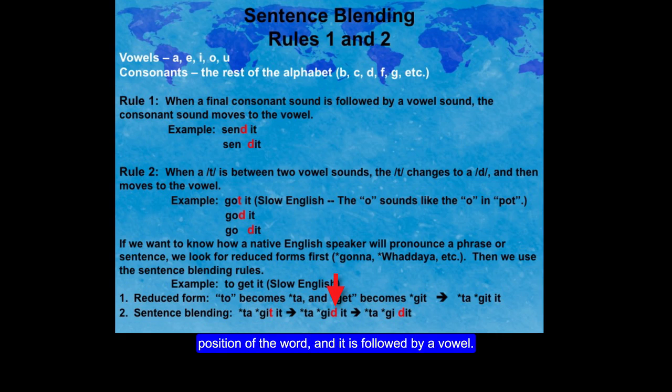It's in the final position of the word, and it is followed by a vowel. We know that a final consonant followed by a vowel will move to that vowel. So the D moves to the I. Okay, so the real pronunciation of to get it is to get it. We want him to get it by Tuesday. We want him to get it by Tuesday.